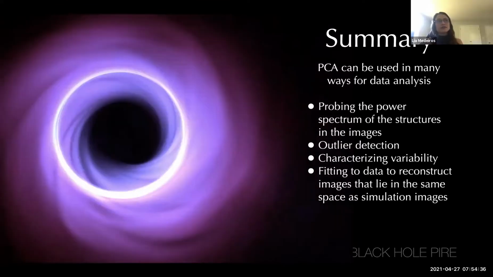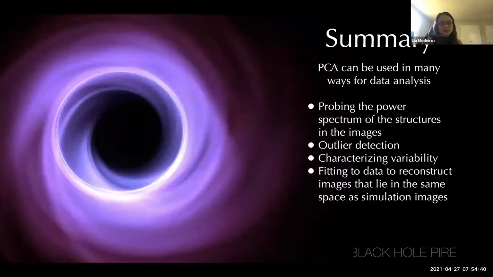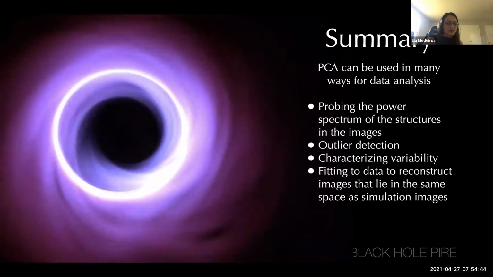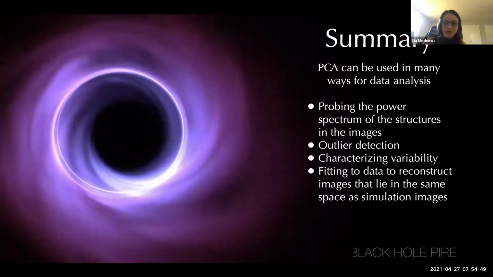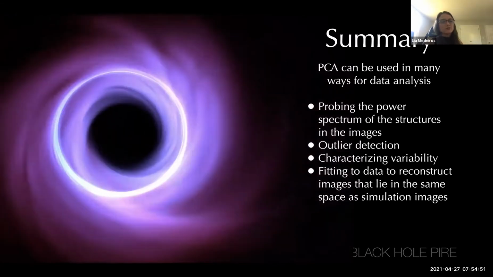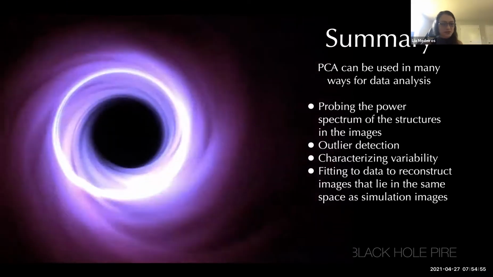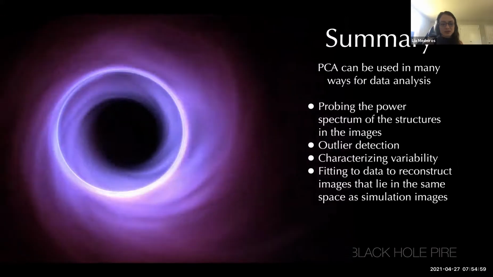Yeah, so that's a very good point. So we are able to reconstruct images that are not contained in our data set, but are still consistent with the broad morphology that we see from these GRMHD simulations, and that's fine. But if you have a completely different image, let's say a black hole actually looks like a dog, that's going to be a much more difficult situation.